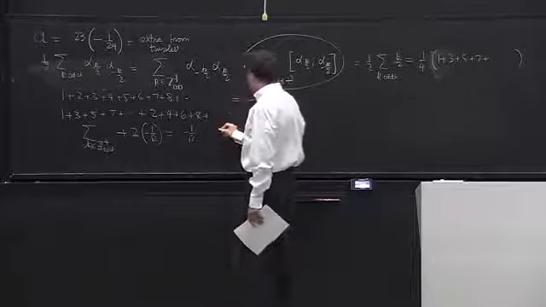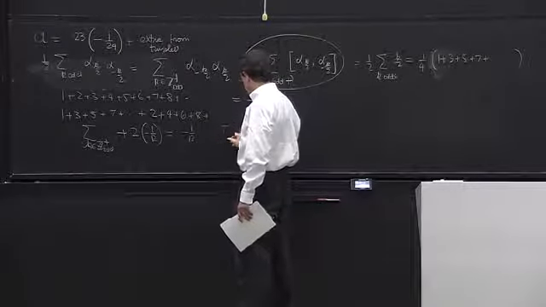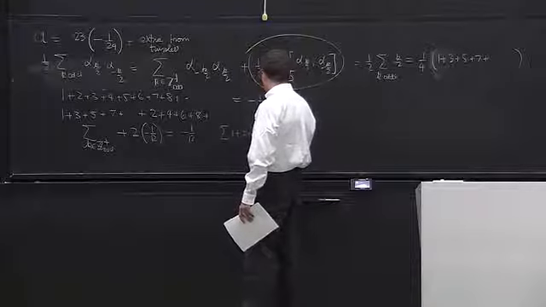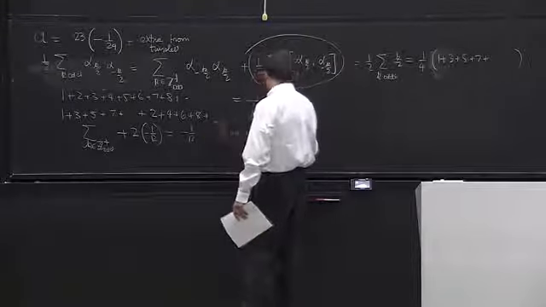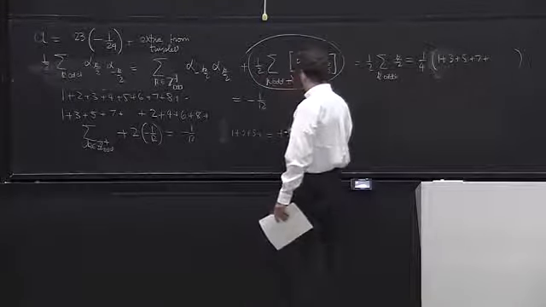So the sum of all odds, 1 plus 3 plus 5 plus and so on, is equal to plus 1/12.